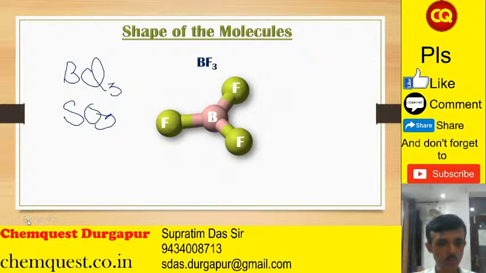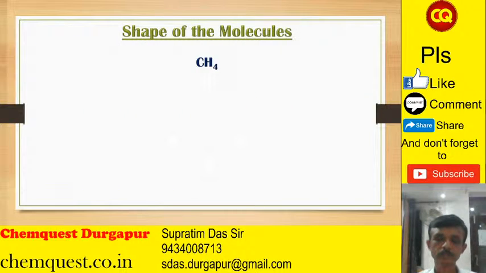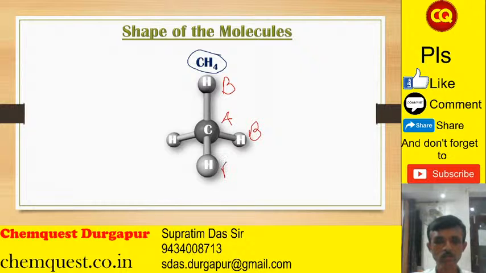Okay. Now we are going to discuss our next part. The next part is steric number equal to 4, AB4 type. AB4: carbon is A, B is hydrogen, and the last one, another B, is hydrogen.